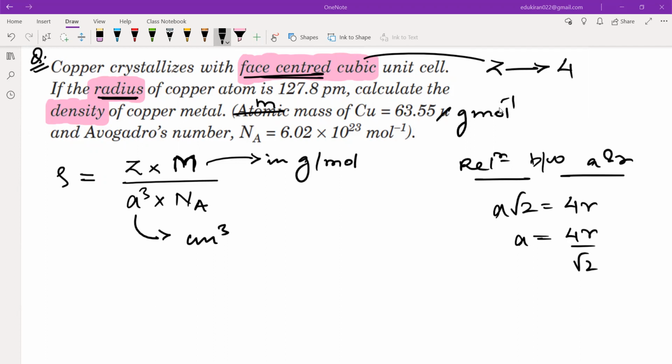First of all, those who have calculated the A, please send in chat what is the value of A that you have got in terms of picometer or centimeter. Please also mention the units.